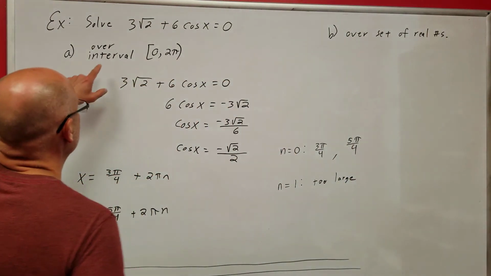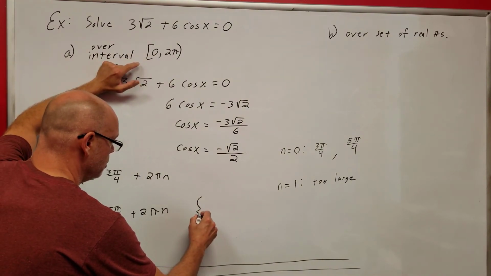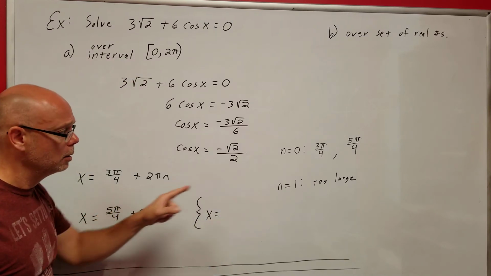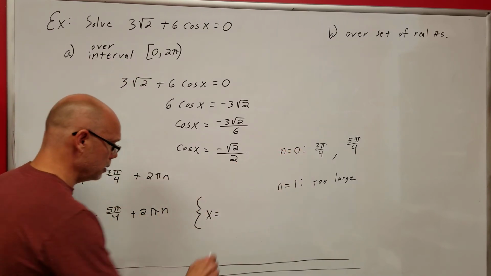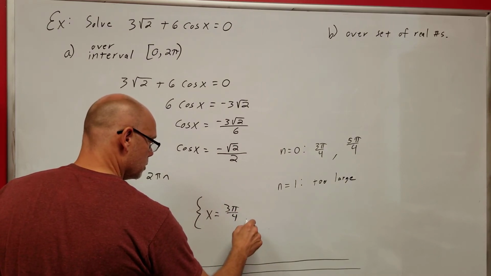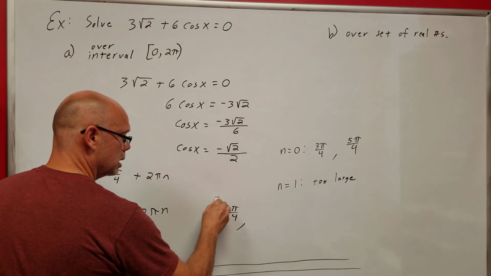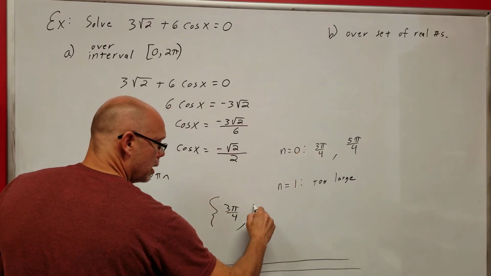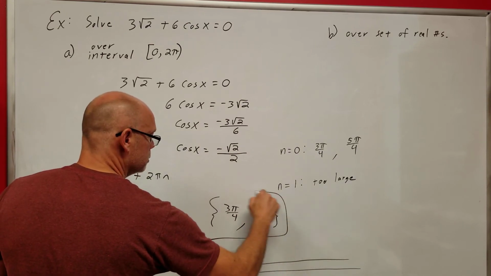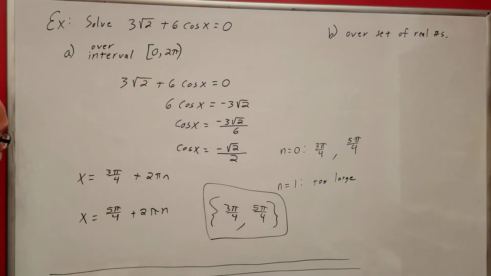Alright, so what is my solution set over the interval from 0 to 2 pi? My solution set's going to look like this. X is equal to 3 pi over 4. And actually, they don't put x is equal to in this solution set. They just put 3 pi over 4 and 5 pi over 4. That's all the answers on this interval from 0 to 2 pi.